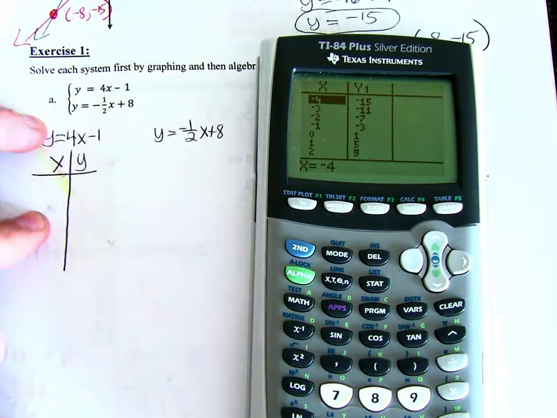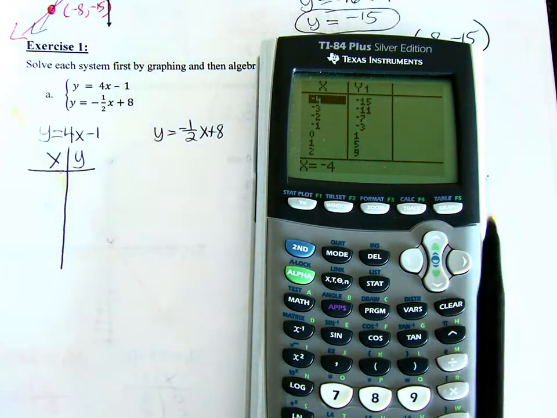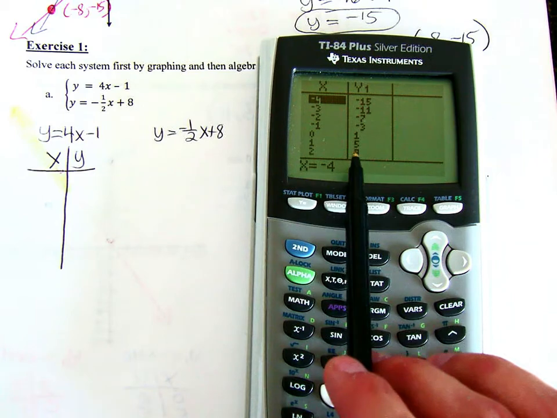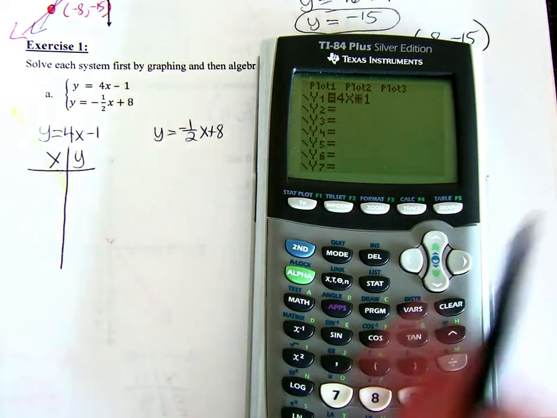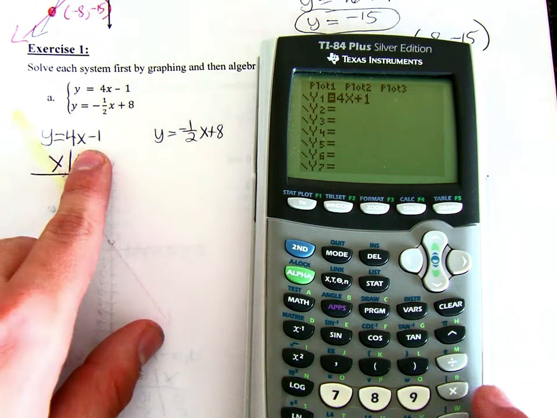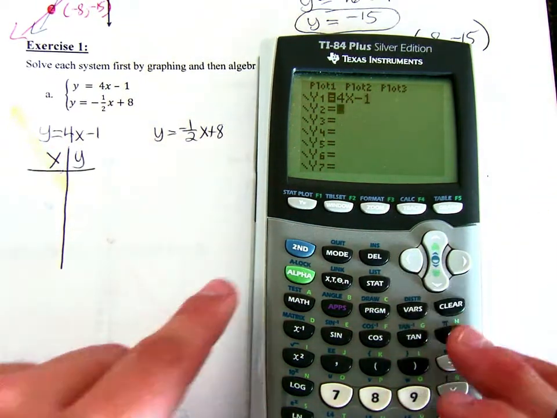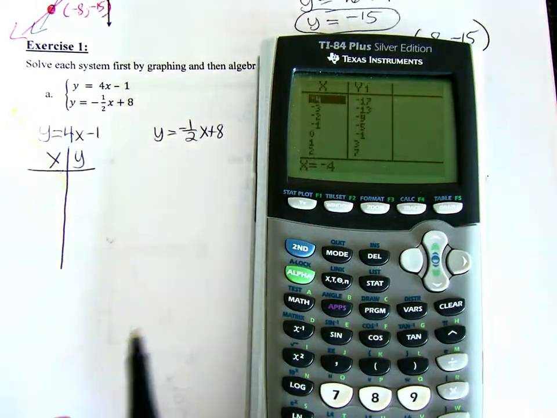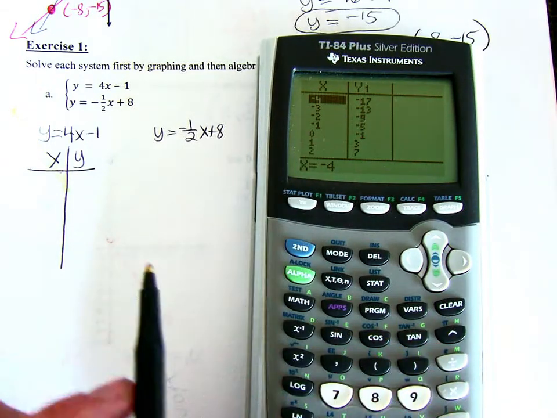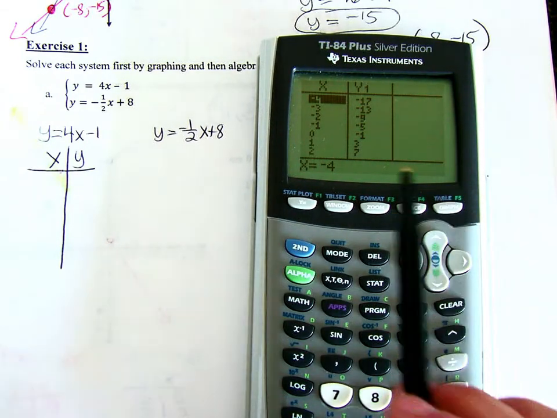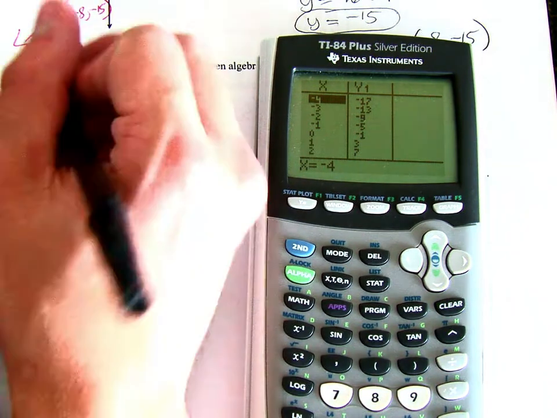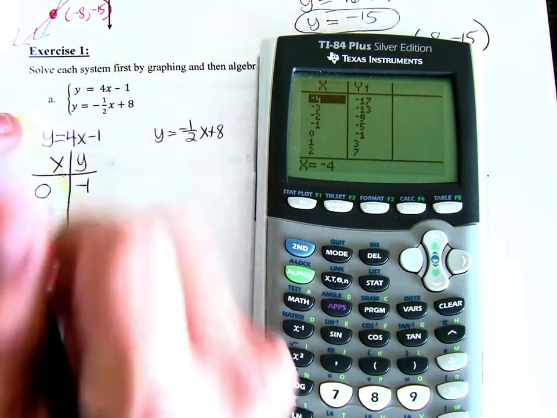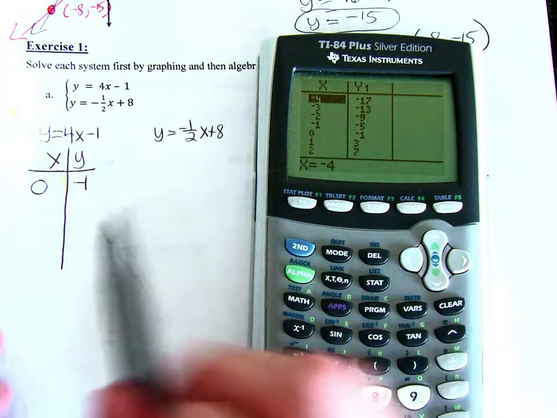I'm going to pick just any 2 points. So now if I go to my table of values, I'm just going to pick any 2 values. So 0, -1. And I'm just going to pick 2, 7.